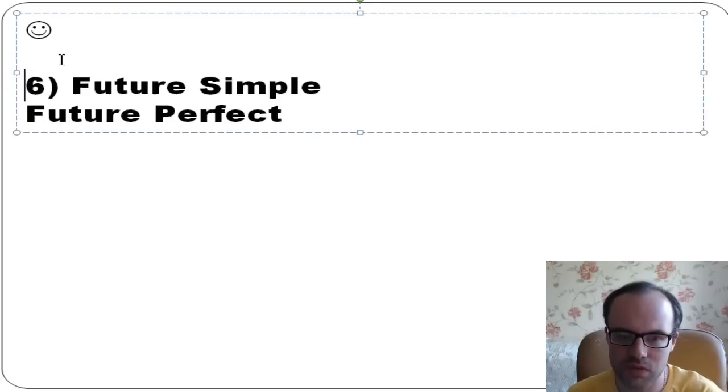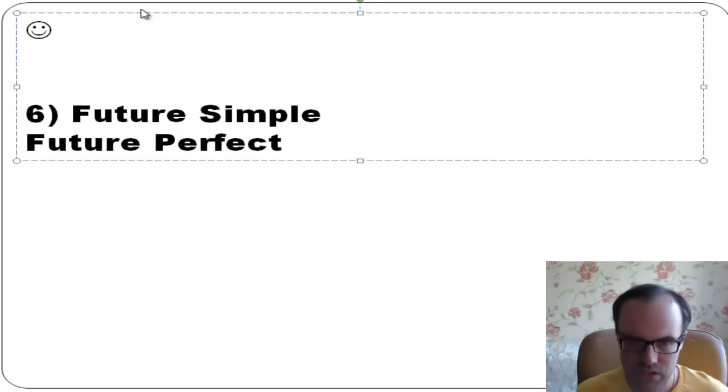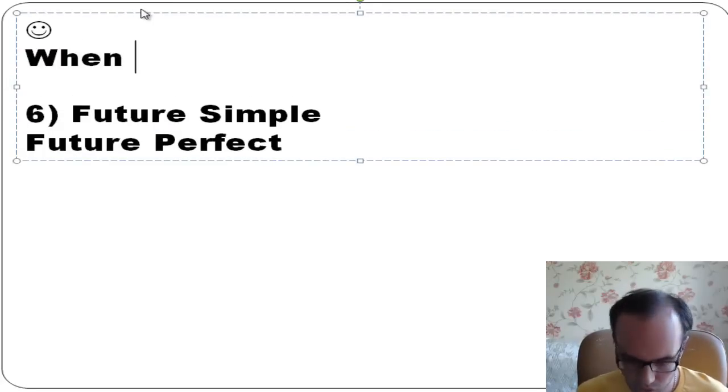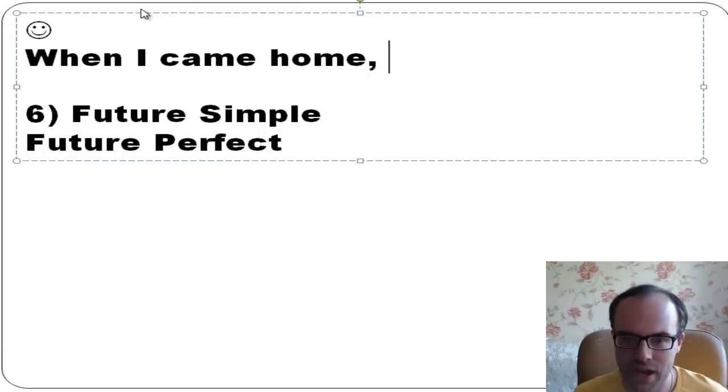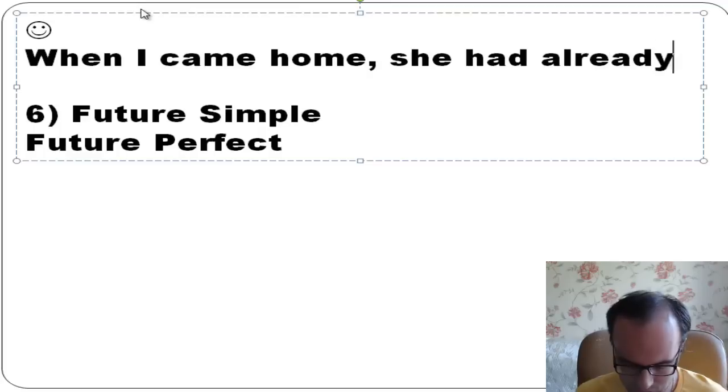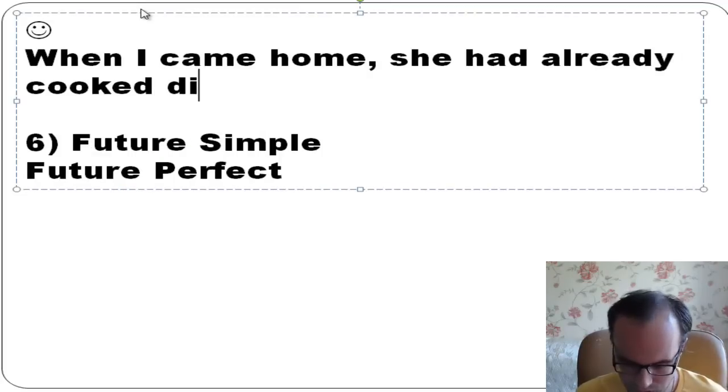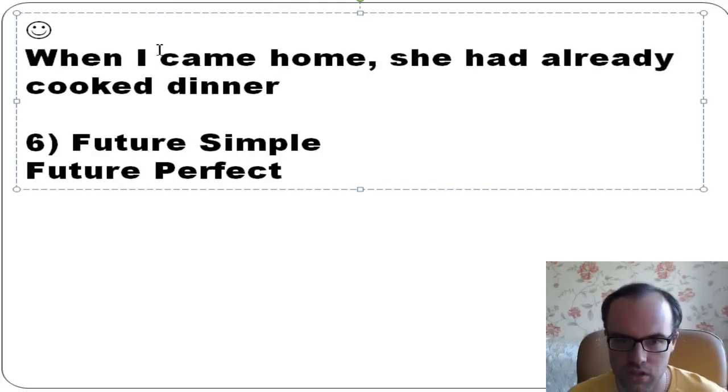Okay? Let me give you one more example. So, when I came home, she had already cooked dinner. So came home, it's one action, the first action, it's about the past. So you see it's past simple.